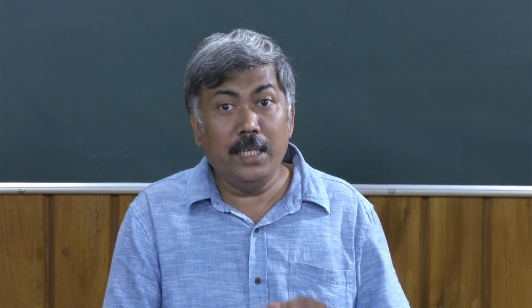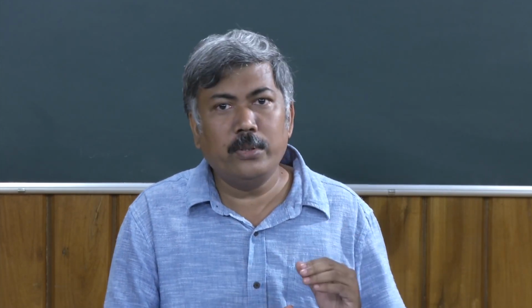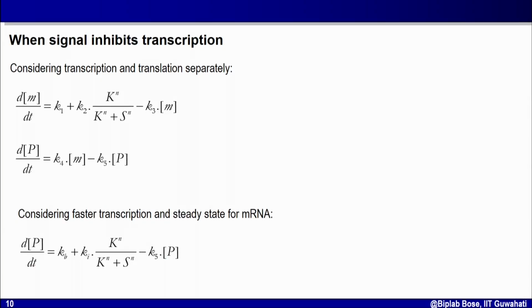Now suppose the signal inhibits my transcription, then I have to use the inverse or negative Hill function, and I can write the ODE the way I have shown here. dm/dt equal to K1, that is the rate of leaky expression, plus K2 into the inverse or negative Hill function, minus K3 into M.